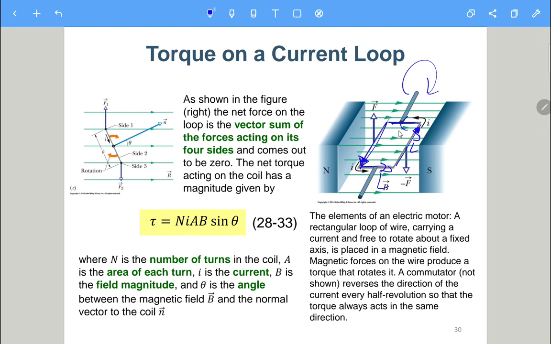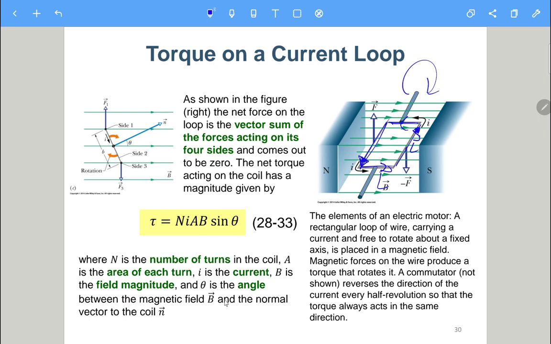Okay, so I is the current. A is the area of this coil, the cross-section area. B is the B field, the magnitude of the B field. Theta, sine of theta.